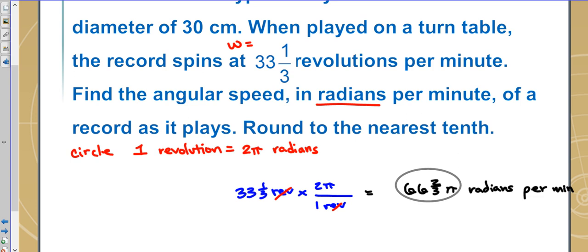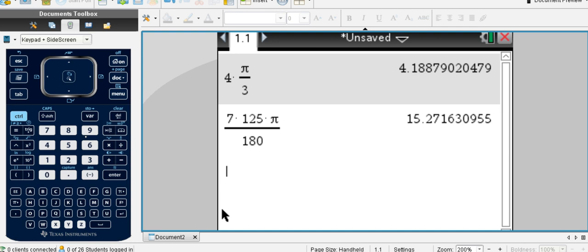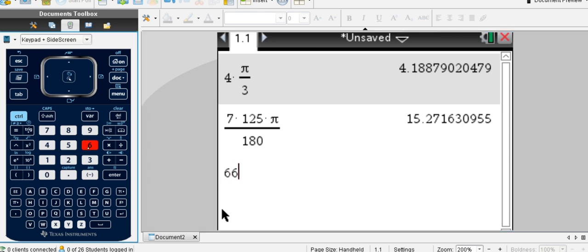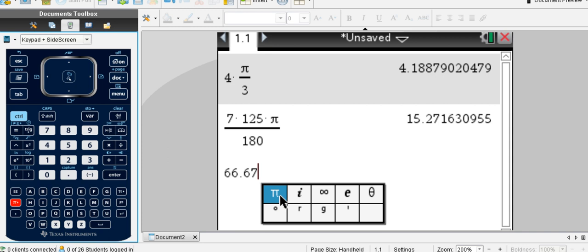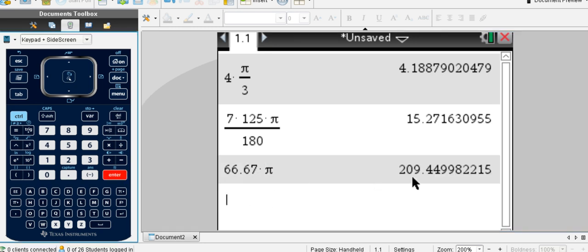All right, now it says round this to the nearest tenth. So I would just need to multiply this by pi. We'll go to the calculator, and we would say 66 and 2/3, which is the same thing as 66.67, times pi is 209.449.